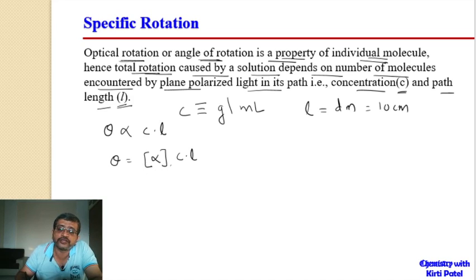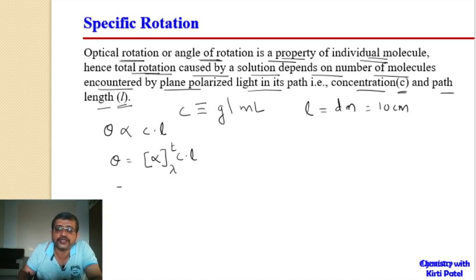This alpha depends on the wavelength of light that we are using and the temperature at which the experiment is being carried out. So we denote it by a square bracket alpha with a subscript lambda and superscript T. T denotes temperature and lambda the wavelength of the light used.